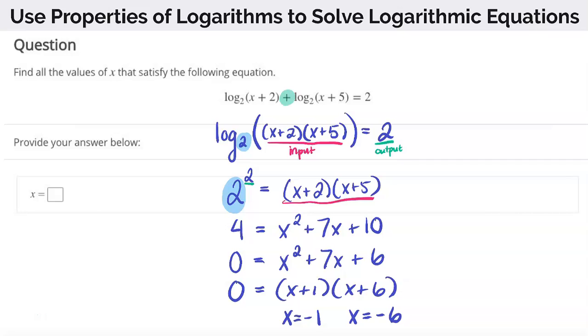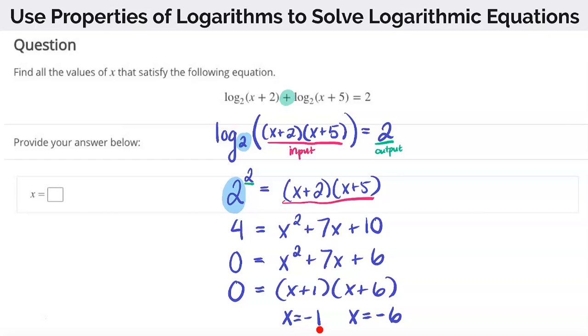With these log equations, which have restricted domains, we could potentially have extraneous solutions, right? So remember, the domain of any logarithm is only positive numbers, right? Numbers greater than 0. So that doesn't mean that we can automatically throw these out though, since they're both negative. What it means is we need to take each of these and see what would happen if we plugged it back into the original equation, right?